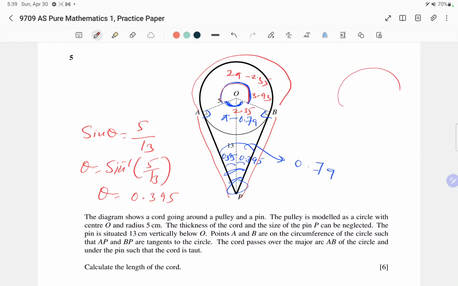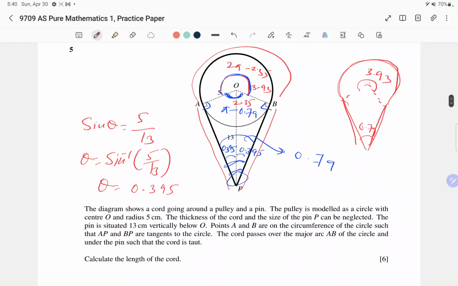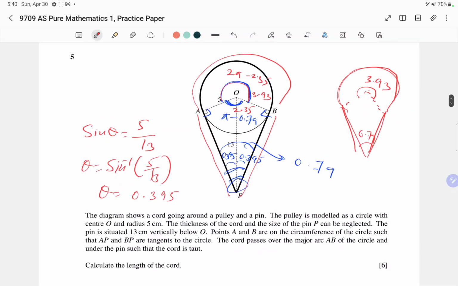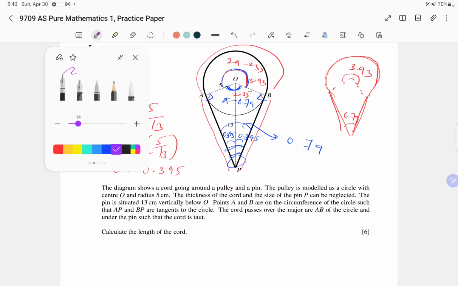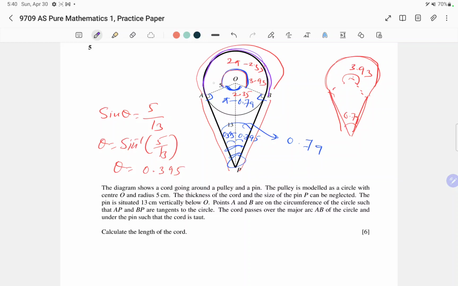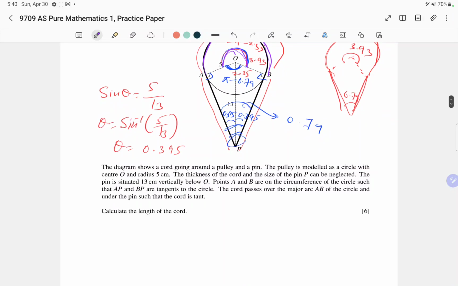Okay, so here we have 3.93, and this angle is 0.79. By the way, we need to find this major arc length and this length. We just have to add. I don't think this is a very difficult question. By the way, for the major arc length, I have to consider this angle.